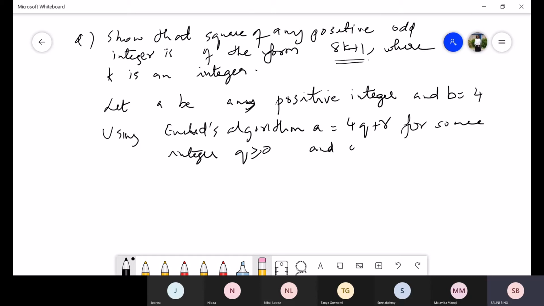And what is the limit? 0 less than or equal to R less than 4. So what will be the value? You can write R equal to 0, 1, 2 and 3.